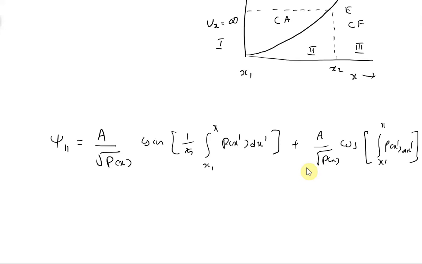So we can use the sine formula to combine them, provided I am taking this amplitude constant, and even if it is not constant, you will have a completely different constant which comes when you are combining them. So I don't want to carry this sine and cos. Whenever I have sine plus cos, I can combine them into something like sine of 1 by h cross, integral from x1 to x of p of x prime dx prime, plus in addition a phase.